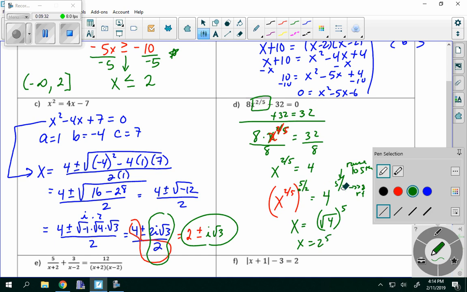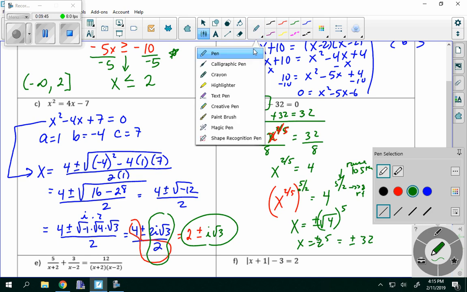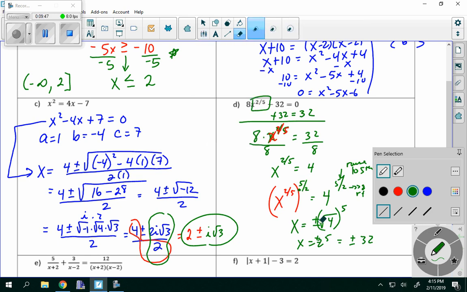Oops, but remember, when I take the square root of 4, I get a plus and minus. You see, that's where we're all going to run into trouble. We're going to forget that plus and minus. So that's plus or minus 32. Let me clean that up a little bit for you here so you can see this better. Plus or minus 2 to the 5th.